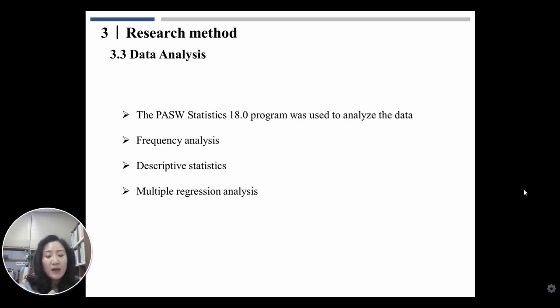The mean and the standard deviation were calculated as descriptive statistics of negative emotion and social desirability. In addition, multiple regression analysis was performed to confirm which negative emotions among college students have the greatest influence on social desirability, and to find out what is the most appropriate model to explain social desirability.